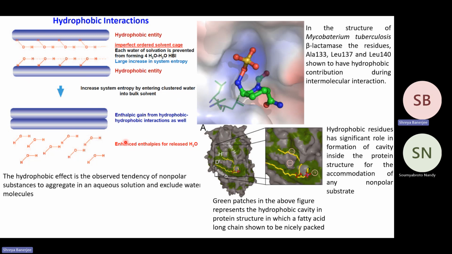When this is happening, you have an enthalpic gain from hydrophobic interactions, and also because the water molecules that were trapped are being released, there is an entropic gain also.